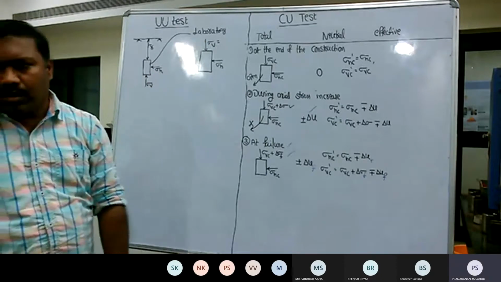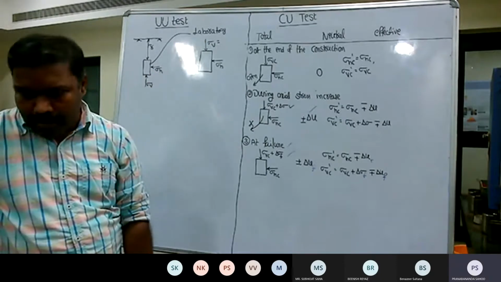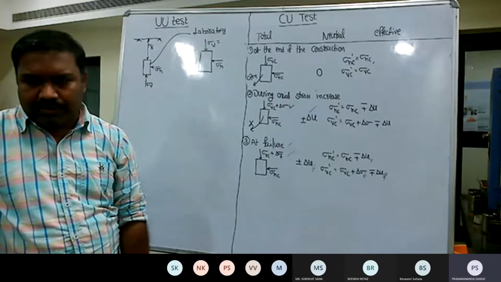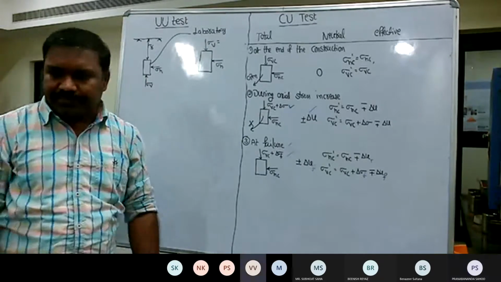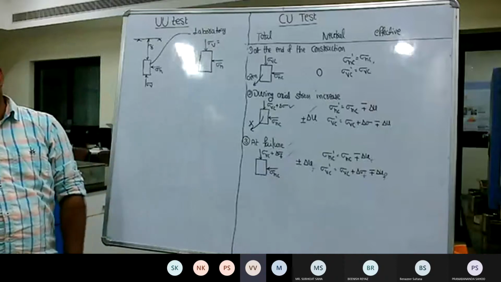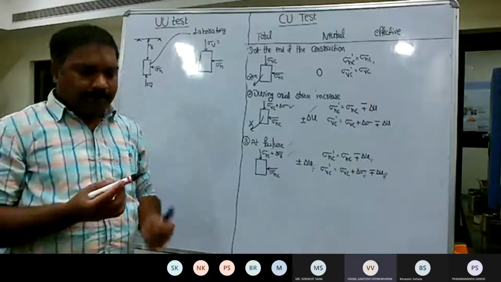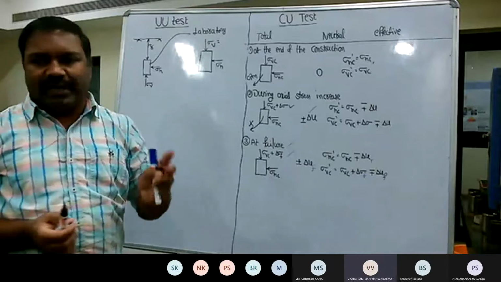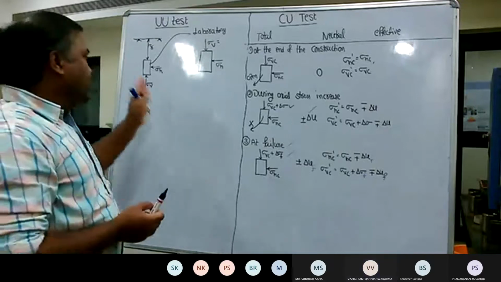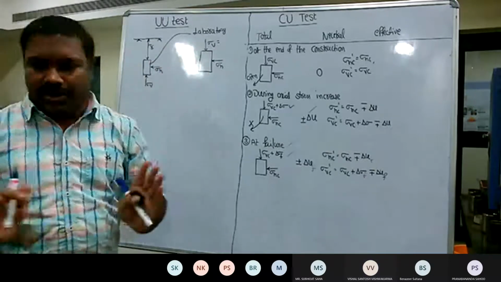Sir, sigma h will be the earth pressure at rest, K naught sigma v. Sir, if it is placed in a triaxial test, then sigma h will be the cell pressure and sigma v will be 0. No, we have not gone to that extent. We simply grabbed the soil sample to the laboratory.